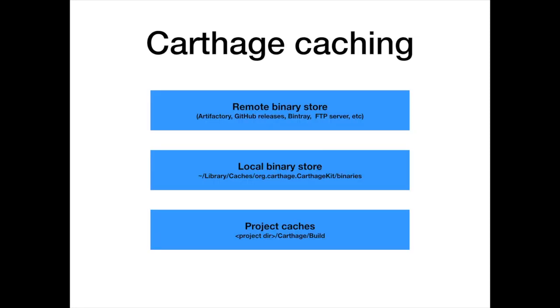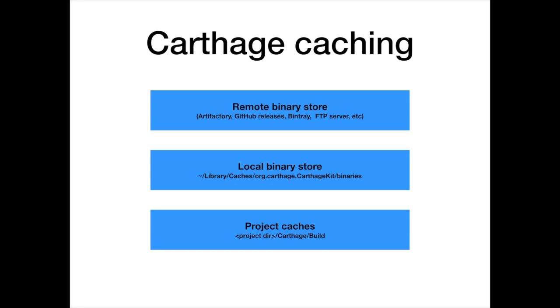So I want to talk a little bit more about the Carthage caching, especially what we made available in our fork. So there are 3 levels of caching. The first is the remote binary store. That could be any kind of binary store, like Artifactory, GitHub releases, Bintray, an FTP server, maybe even another server where you use secure copy, or just some file share.